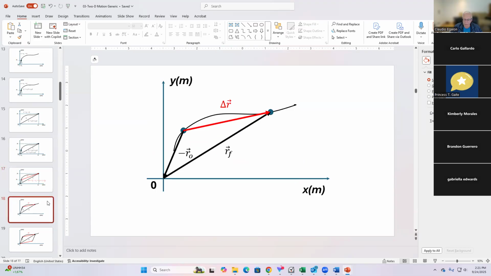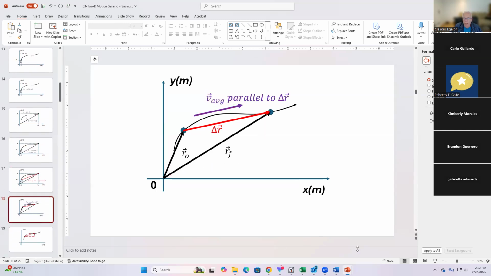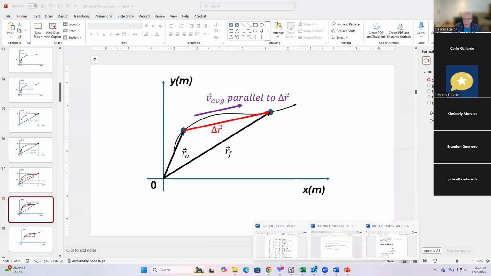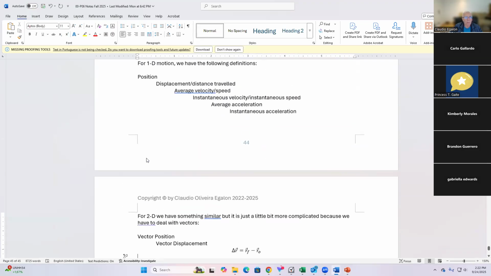That's how we illustrate the displacement vector. Now we have to talk about something else.